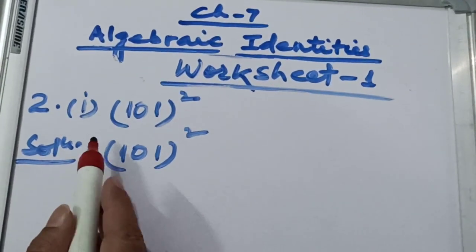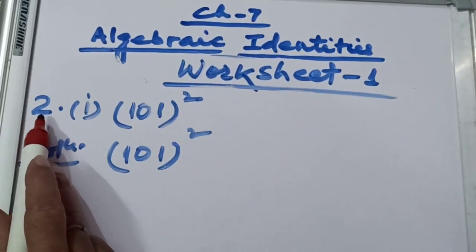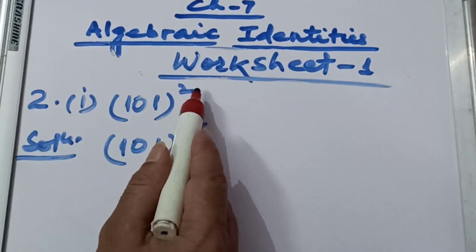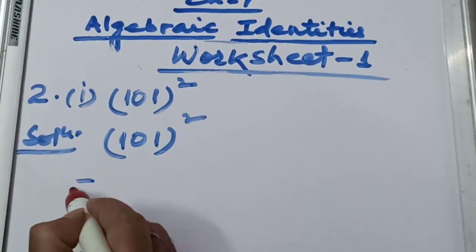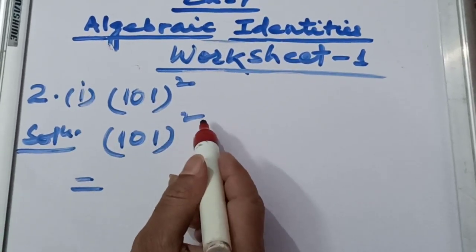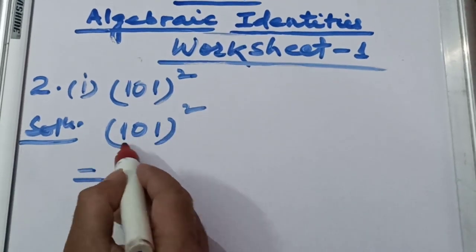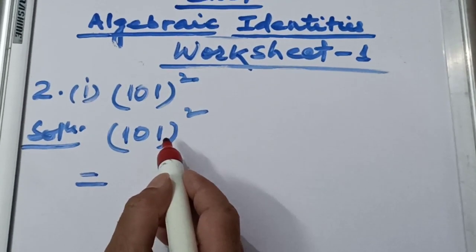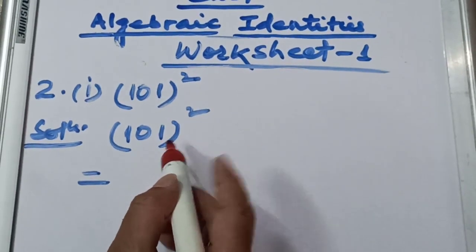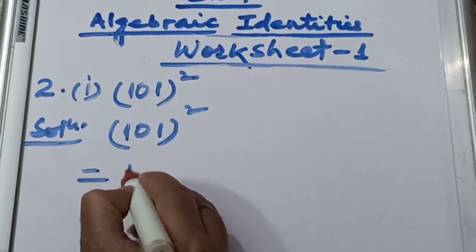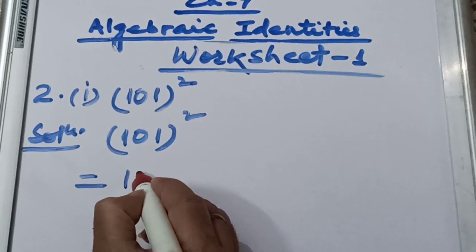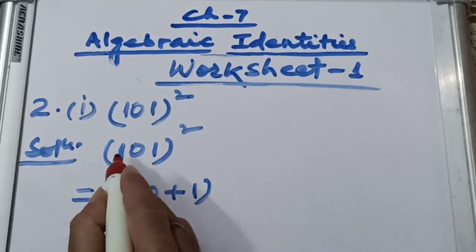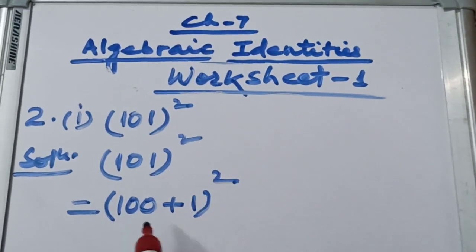See the next question, question number 2: 101 whole square. But it is a single term, and we have to use identity 1. So we will make two terms: (100 plus 1) whole square.